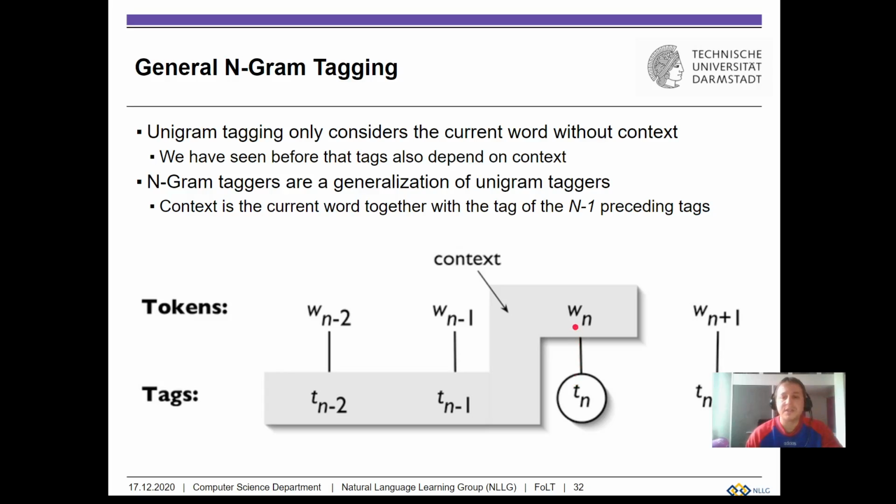So this is, in a sense, not very clever, because we have seen before that to determine the part of speech, context is essential. And in essence, in natural language processing, context is always essential. We have seen that there's a lot of ambiguity in natural language processing.